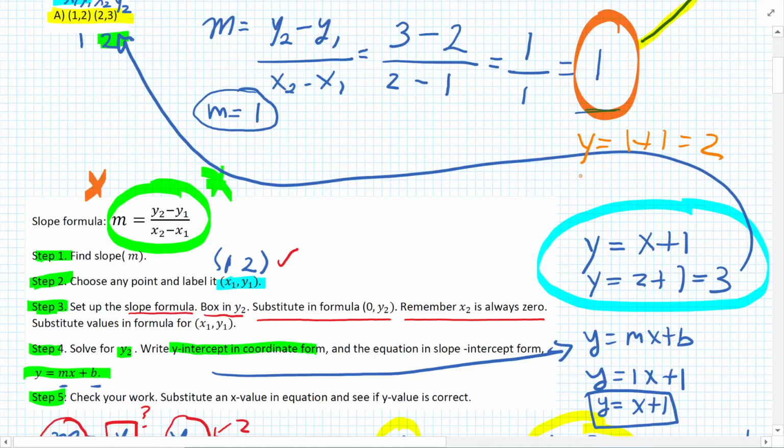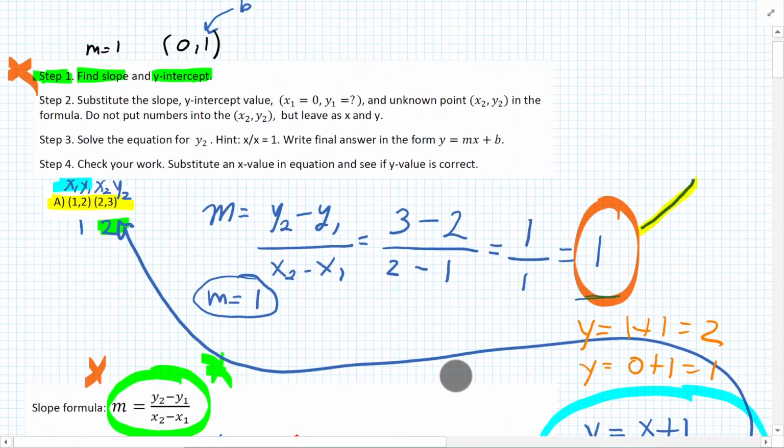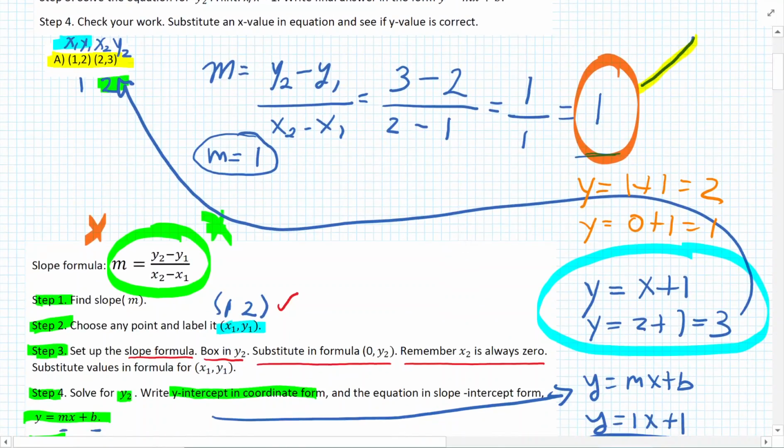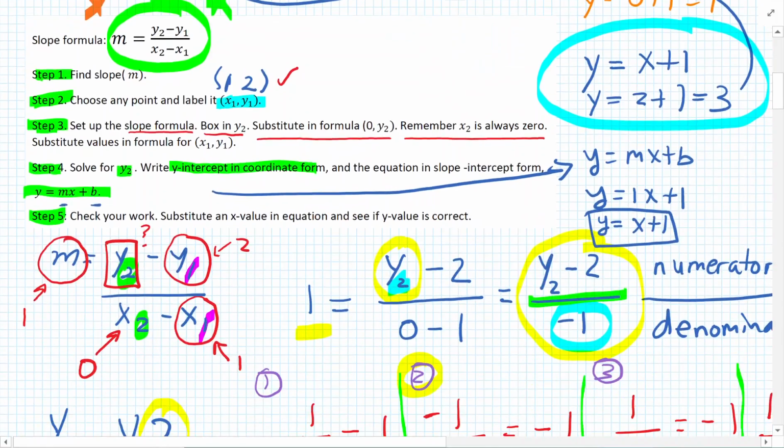Let's try another one. When x is 0, 0 plus 1 equals 1. Is that true? Yep, 0, 1. So in all three instances, this equation predicts the points accurately. That's what we wanted. So check your work. Fifth step, check your work. Substitute an x value in the equation and see if the y value is correct.